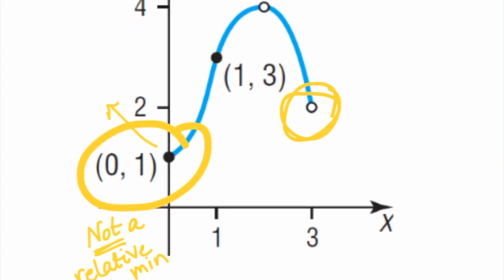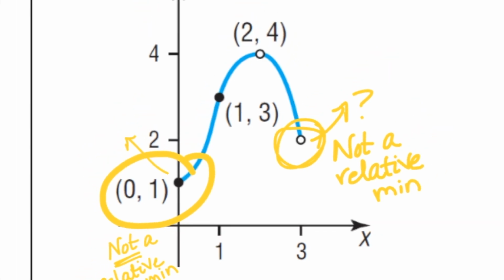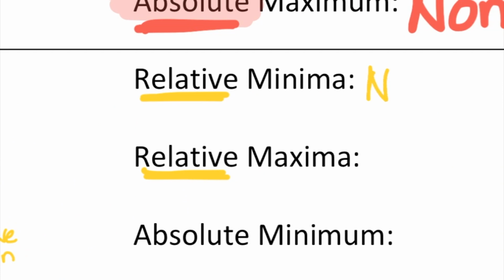And here, same thing, it doesn't come back up to the right, and so this is also not a relative min. But there's nowhere else on the graph where the graph has points below a given point or above a given point, and so there's no relative minimum. None.